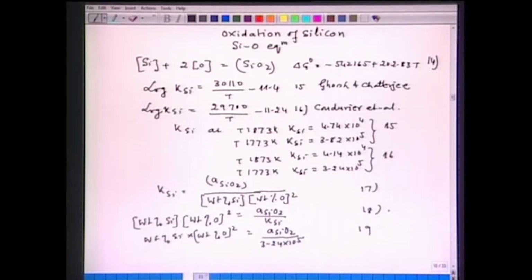So, we write down now weight percent oxygen equal to 0.308 into 10 to the power minus 5 upon weight percent silicon raised to the power 1 by half.